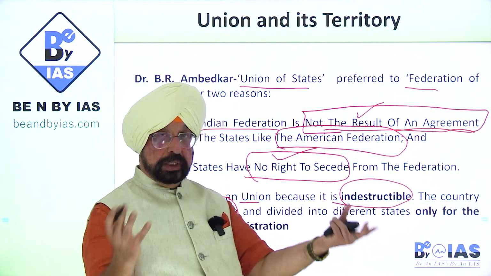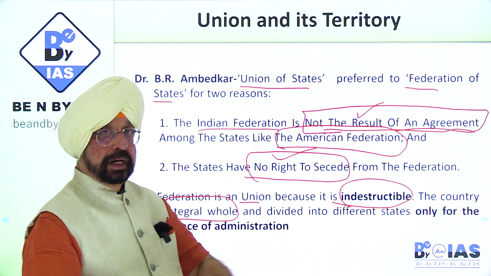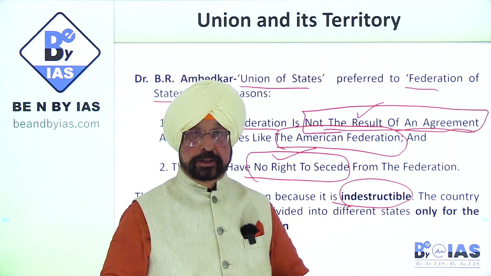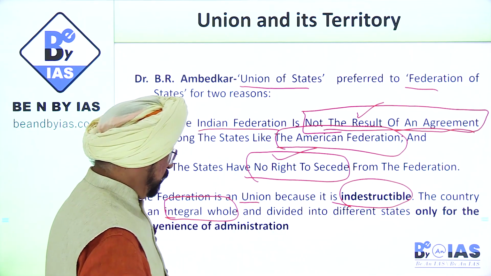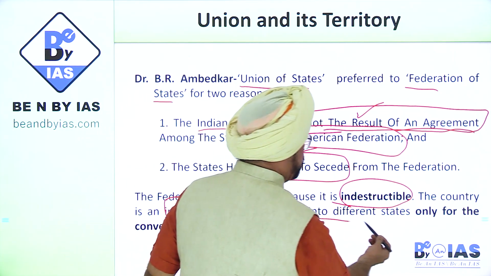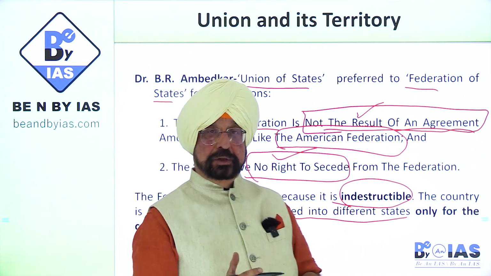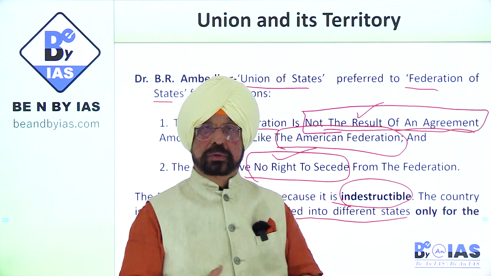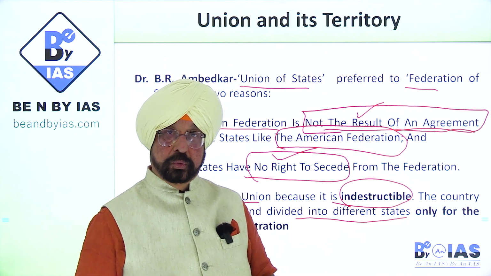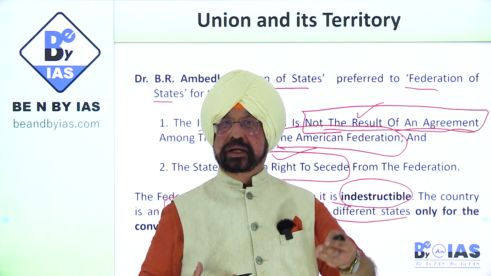Once the units have merged into that, they are now an integral part of the union. Now they are divided into different states. You may say that once they have merged into the union, they should lose their identity. No, they have not lost their individual identity either.